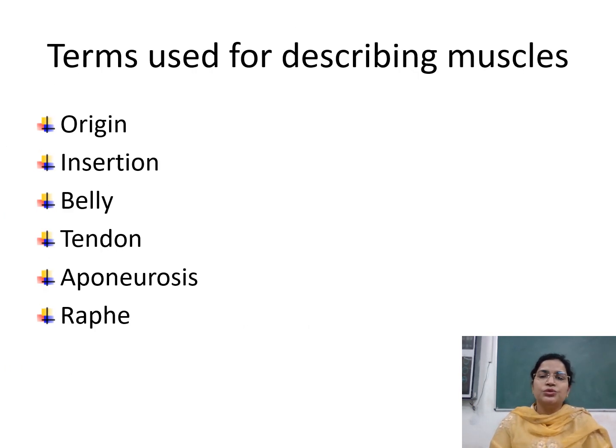Now the terms used for describing muscle. The word muscle comes from Greek and Latin. Imagine any muscle having an origin, which for almost all muscles, except a few, is the superior attachment, and an insertion, which is the inferior attachment.